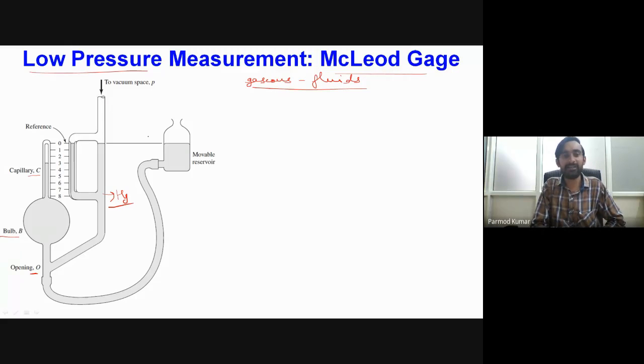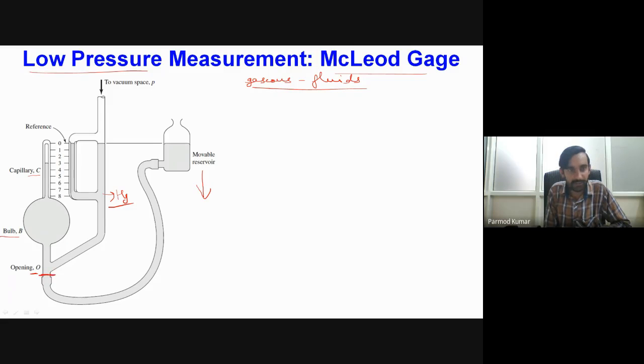Because whatever level we have in the reference tube will rise with the level of the movable reservoir, we first connect it to the vacuum space, and then we lower the level of this movable reservoir, until the manometric fluid reaches the opening over here.